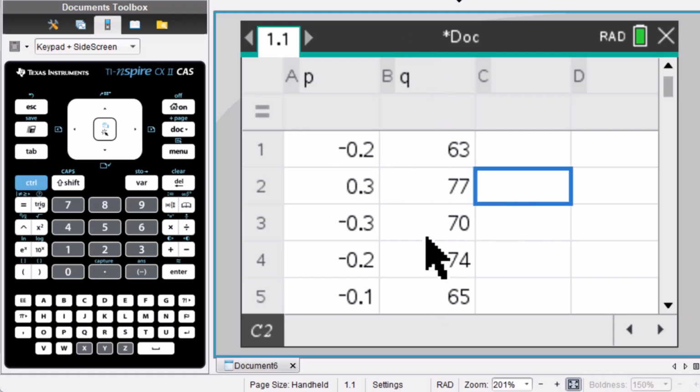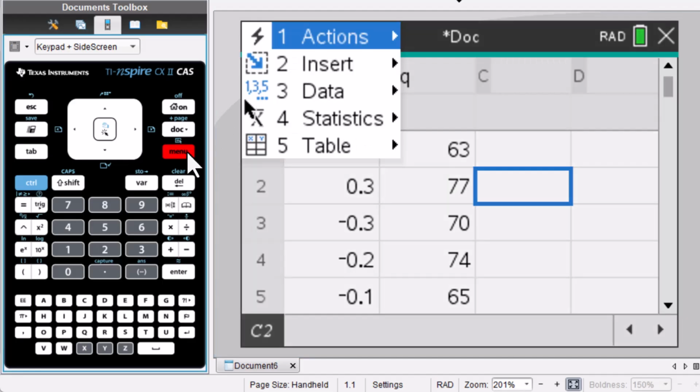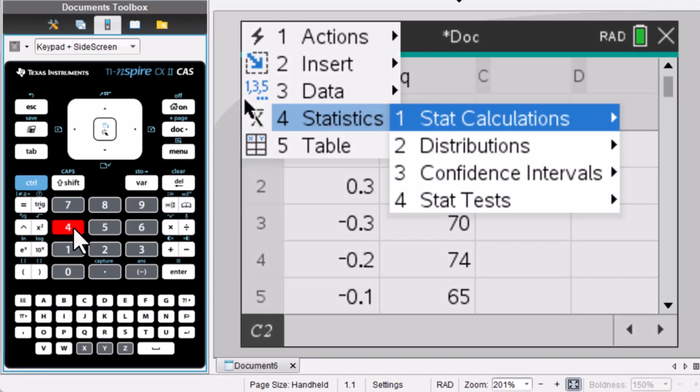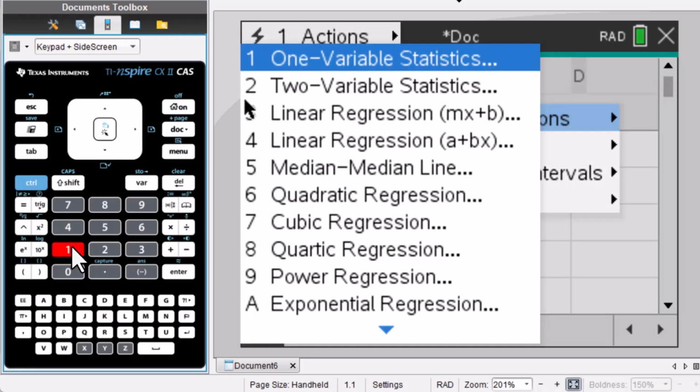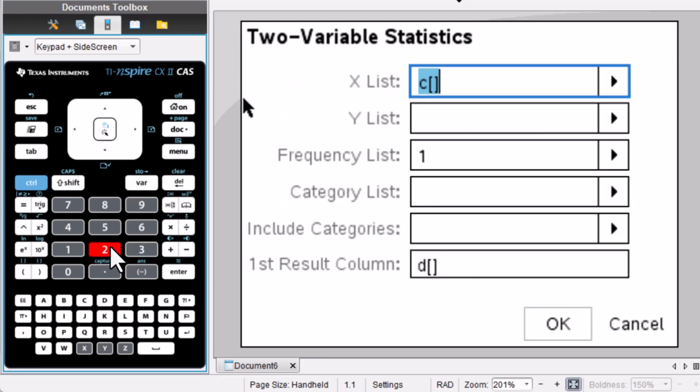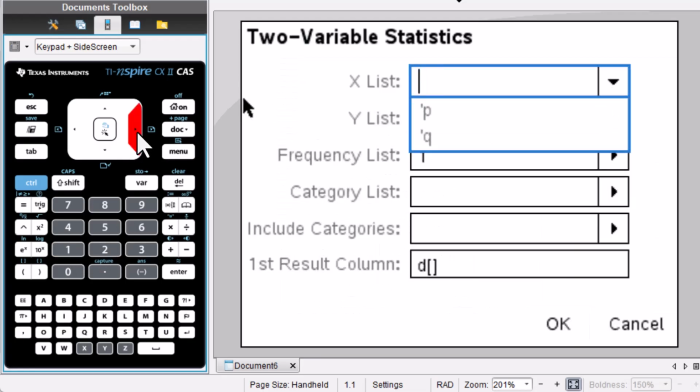After you put all the data into this column P and Q, click on menu 4, 1, go to 2 variable stats. Double click this right arrow button.